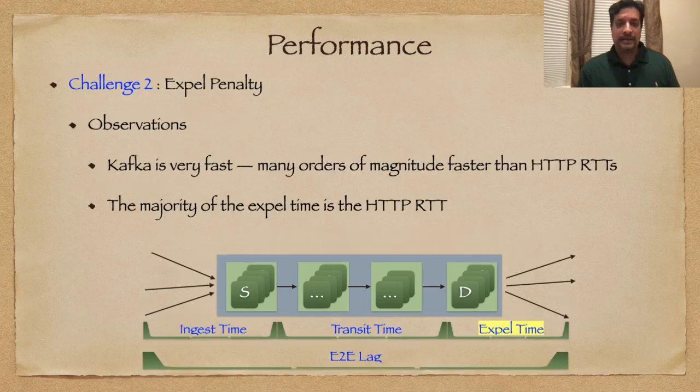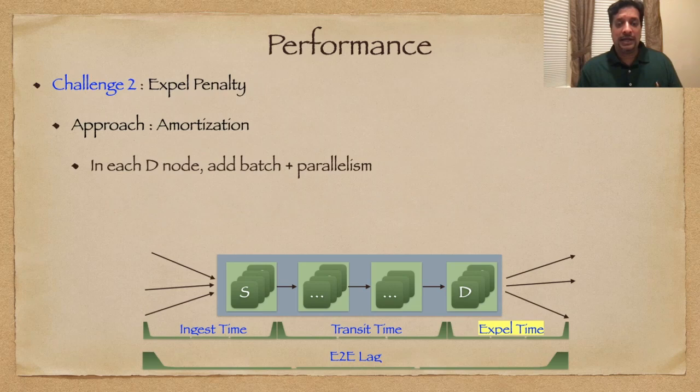Similarly, we have something called the expel penalty. There's an observation we need to consider. Kafka is very fast. It's many orders of magnitude faster than typical HTTP round-trip times. In fact, the majority of the expel time is the HTTP round-trip time. Again, we will use an amortization approach.